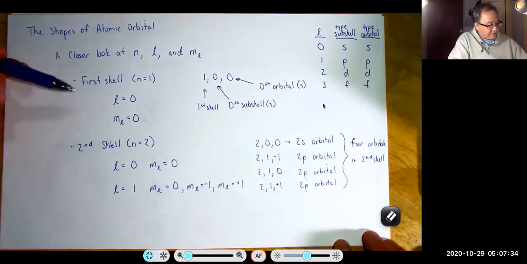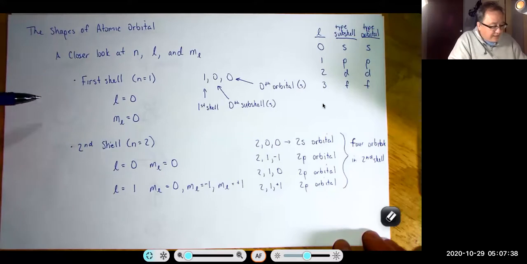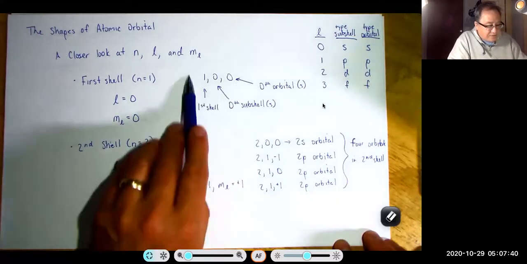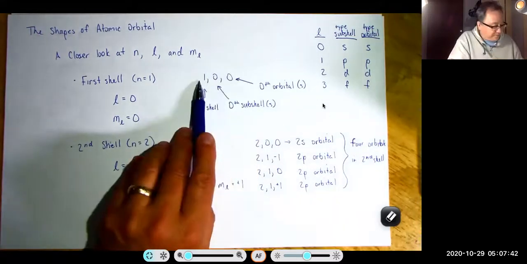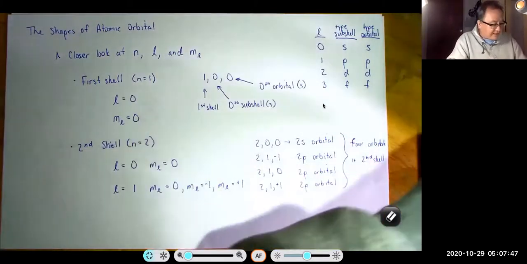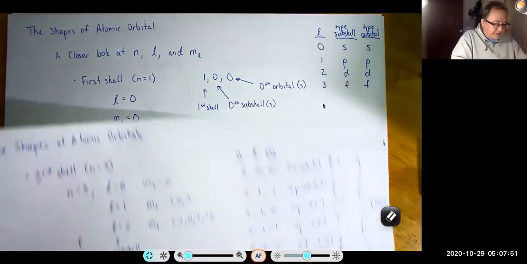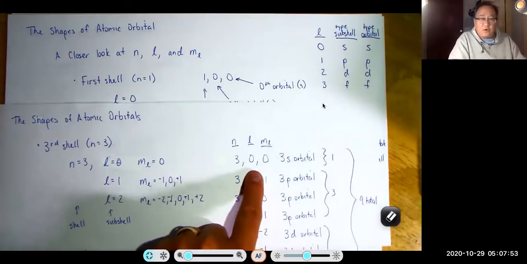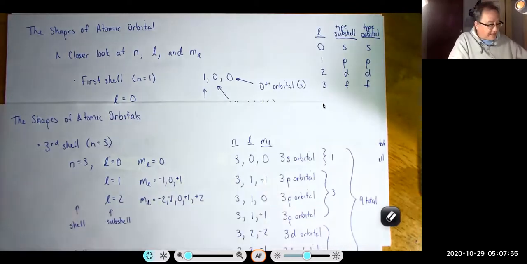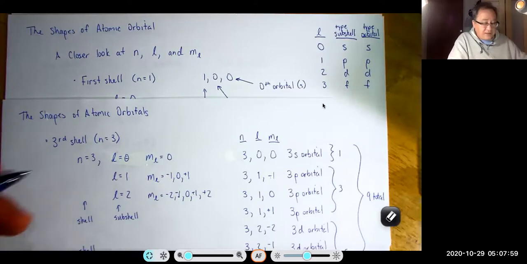When you have the first shell, L can be 0. M sub L has to be 0. This is your only set of quantum numbers possible, one orbital. This is a 1s subshell with one orbital. This is a 3s subshell with one orbital. How many orbitals do you find in an S subshell, whether it's a 1 or a 3? 1.